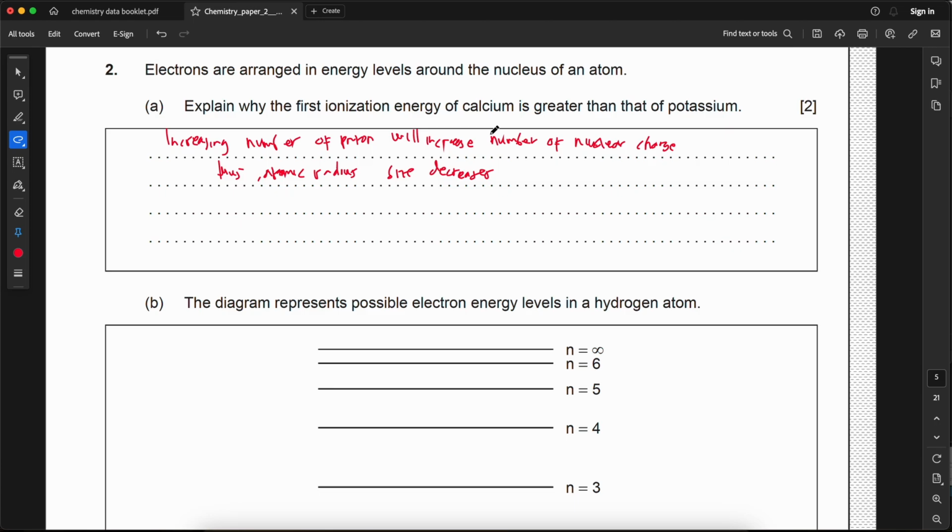So this will squeeze the atom, and then this will make the atomic radius size decrease or become smaller. Therefore, if you want to remove an electron from the atom that has a smaller radius, it will be a lot harder compared to the atom that has a bigger radius, because the attraction of course will not be as strong.